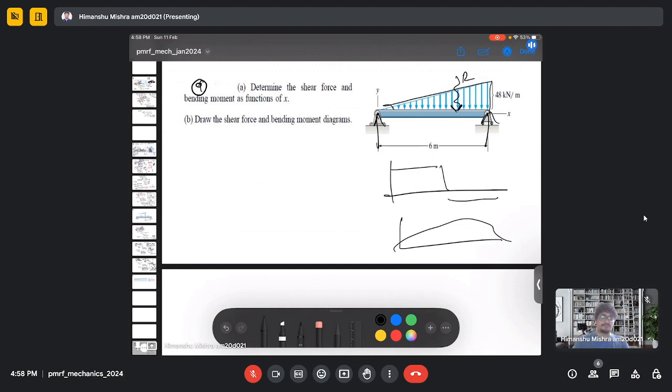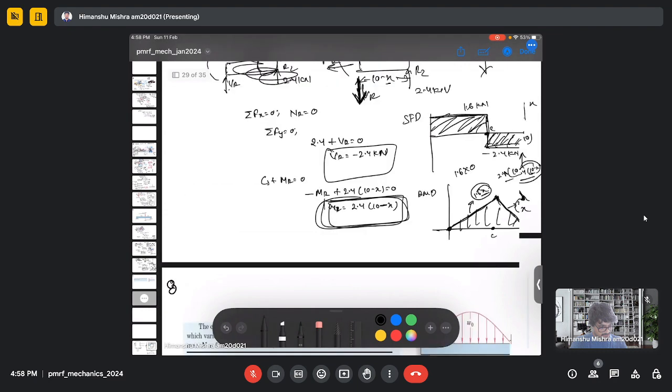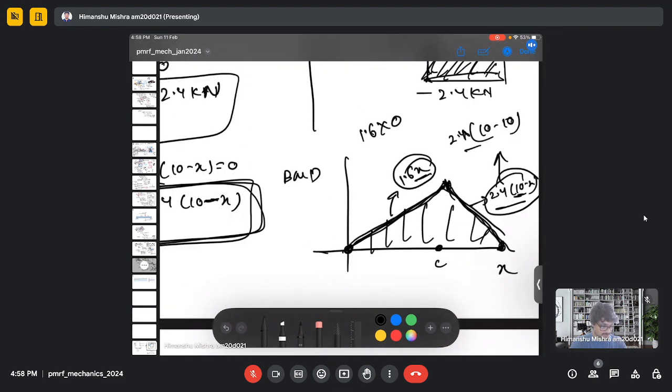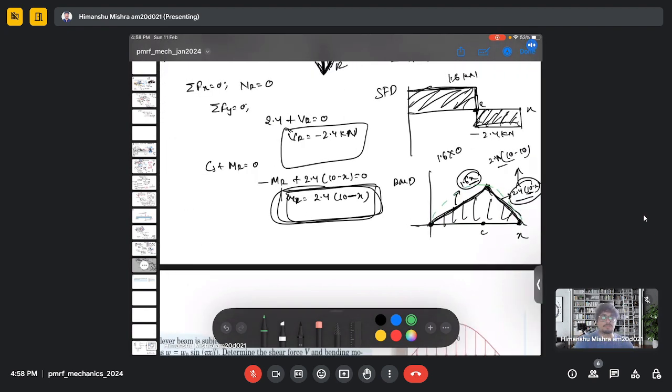So since it's a varying load, here the bending moment will be proportional to x square or x cube. So it will be a curve, a parabolic curve kind of profile rather than a straight line. So try this problem by yourself, and then we will discuss this problem in the next class.